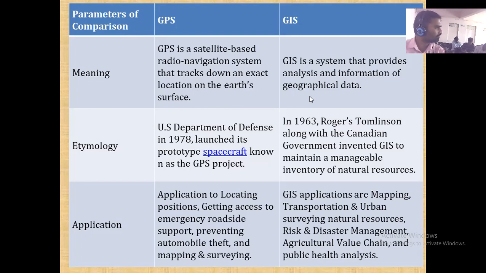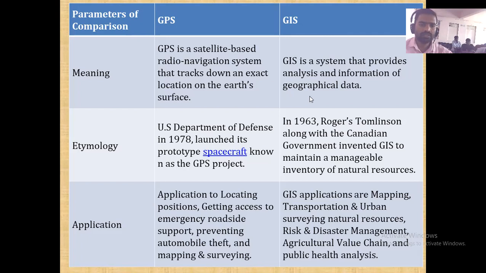Prototype means, you can make a model in paper or glass, that is called a prototype. That is a duplicate. The US Department of Defense in 1978 launched its prototype spacecraft known as the GPS project.